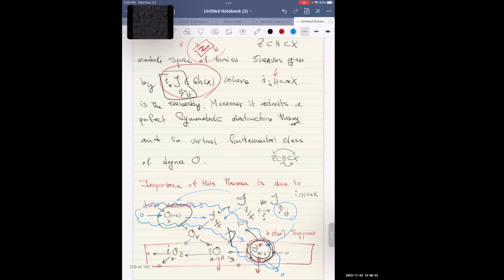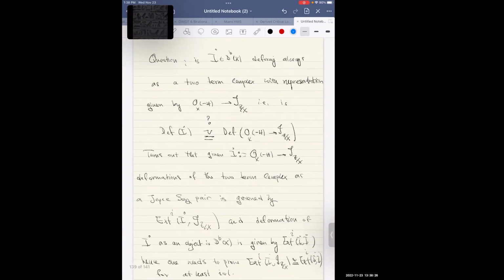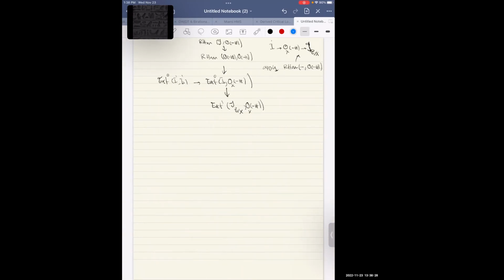So let me write this one over there because this is the key of this computation. So we have that H^i(X, ideal sheaf of Z in X twisted by H) is vanishing for i bigger than 0. This is actually equal to Ext^i(O minus H, ideal sheaf of Z in X), and this is vanishing for all i bigger than 0.